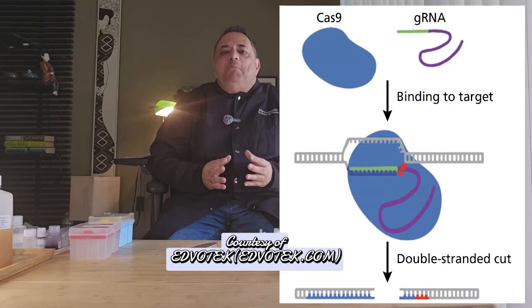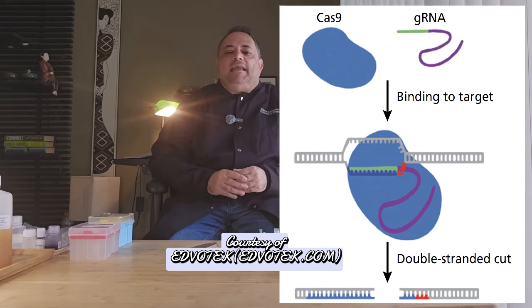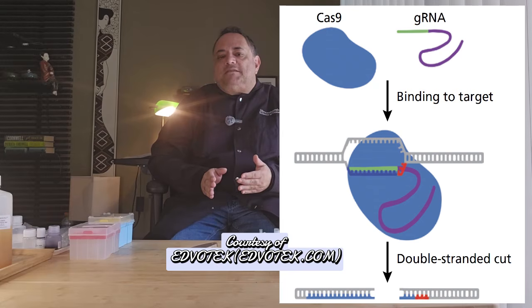CRISPR-Cas9 is used to modify an organism's DNA at a precise location. To do this, a short customizable guide RNA is used to target a Cas protein to a specific DNA sequence.